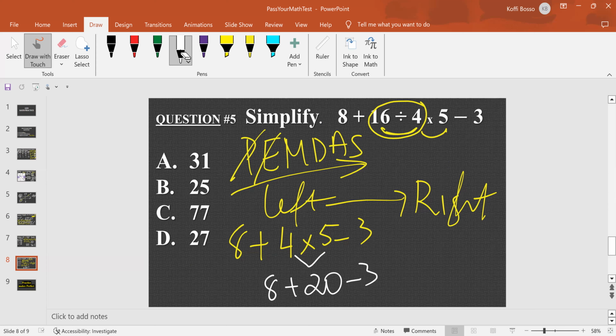Here, from left to right, addition comes before subtraction, so we do the addition, which is 8 plus 20. We have 28 minus 3, and 28 minus 3 is 25. Therefore, the correct choice here is B.